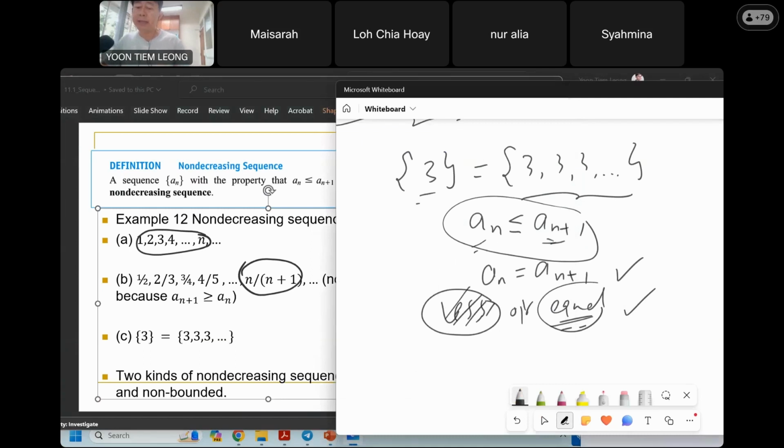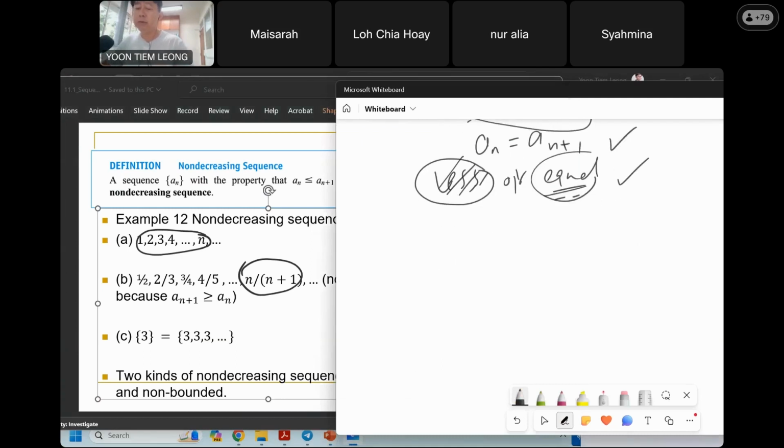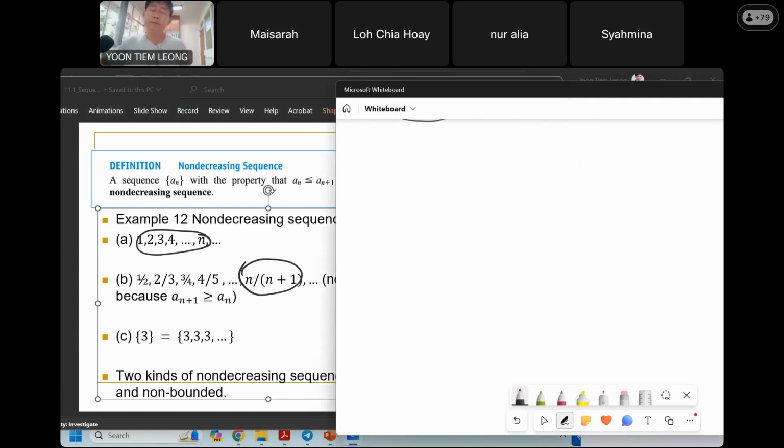And then we have to understand there are two types of non-decreasing sequence. This is a very interesting subject, right? So if I give you a sequence with a term a_1, and it is told that this sequence is non-decreasing, what do you expect the values of the terms in the sequence to be? You would think that the terms will become larger and larger, right?